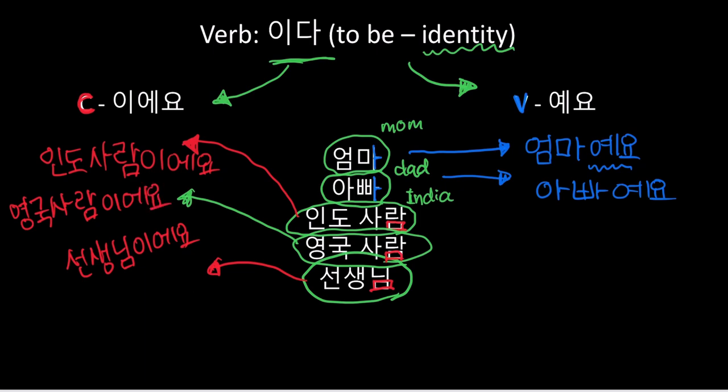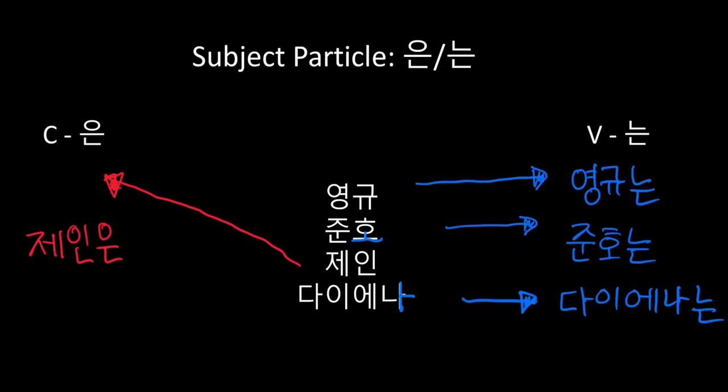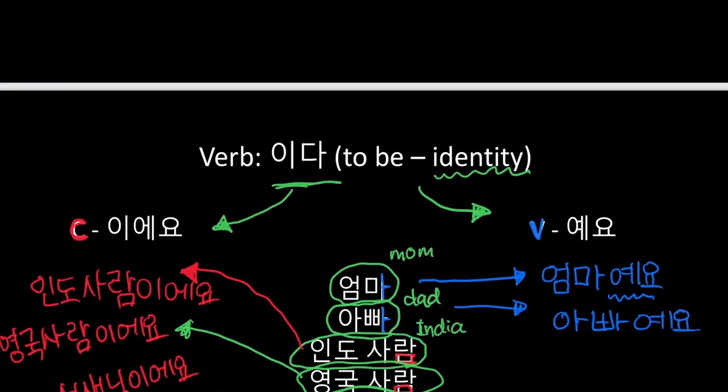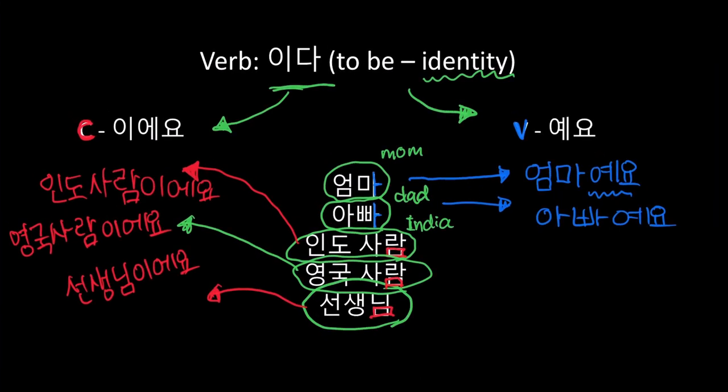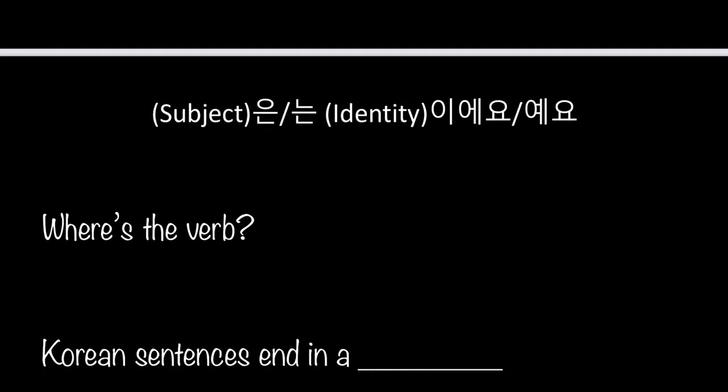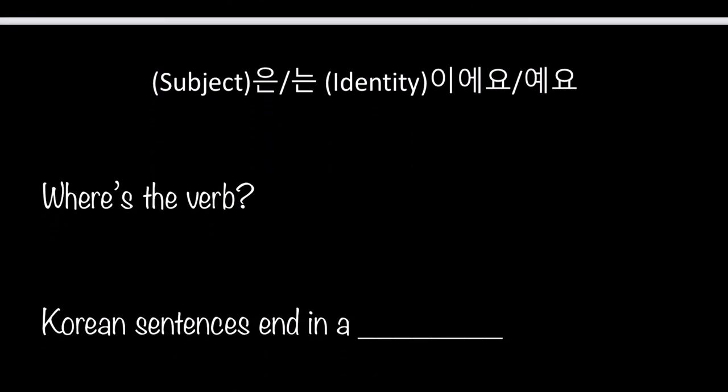All right, so we got the first part of the sentence, the subject with a subject particle, and the second part of the sentence, the verb 이다, to be, in relation to identity. So we put them together to get an equational sentence in Korean.